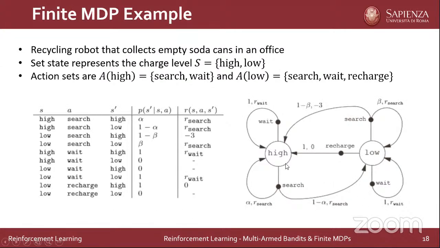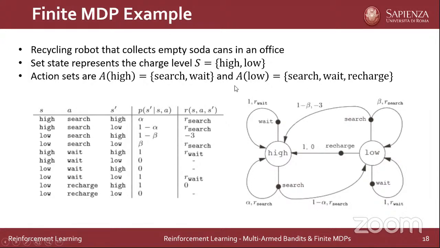So these are the states that the environment can have. The actions that are available to the agent are search and wait when the state is high, and search, wait, and recharge when the state is low.